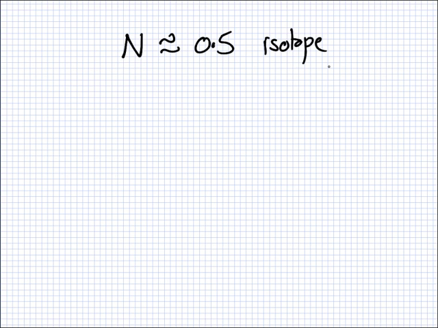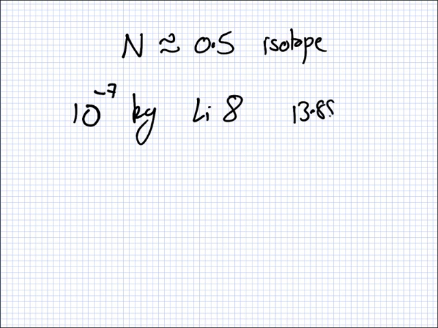We have 1 milligram. We have 0.0. No, I'm not going to try and do it in my head. We have 10 to the minus 7 kilograms of lithium-8. The molar mass of lithium-8 is 13.882 grams per mole.